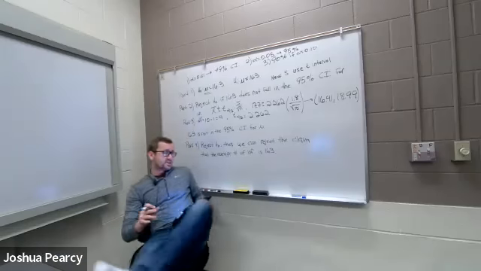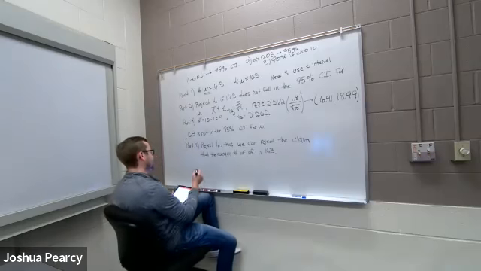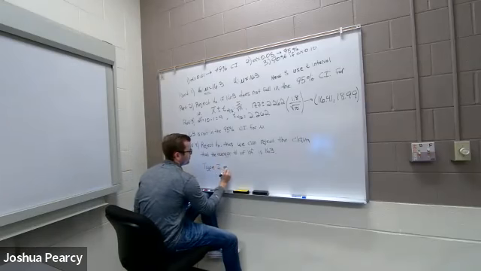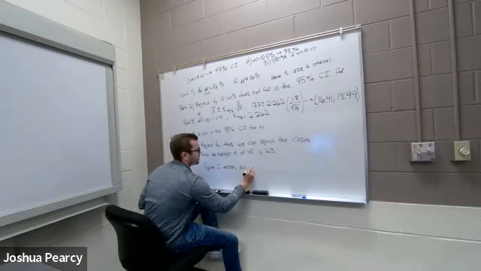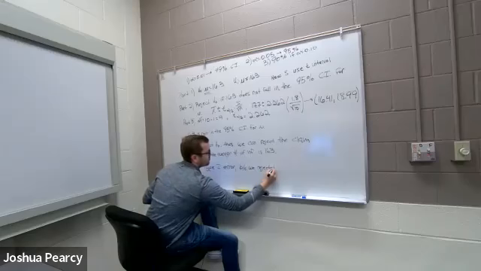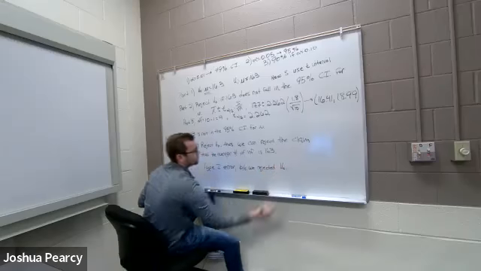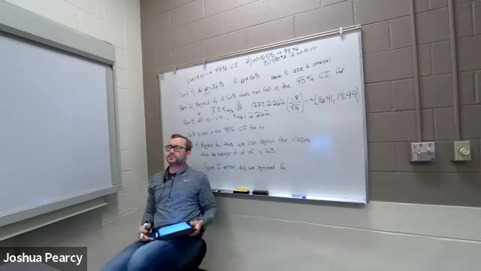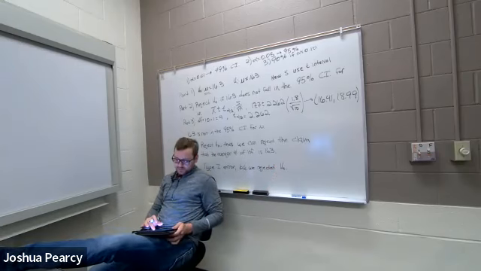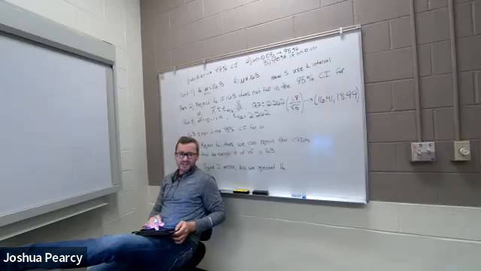Reject. So therefore, the only type of error that could have been made was type 1, because we rejected H0. Does that make sense? Okay. You can expect to see a question like that on the exam.